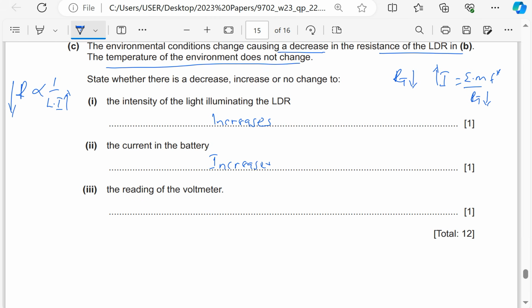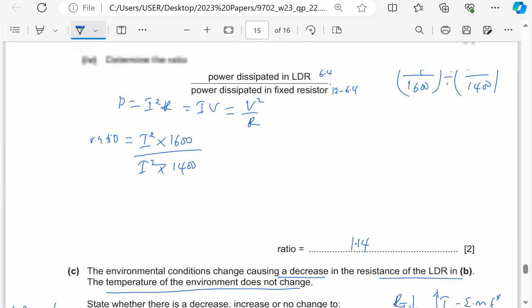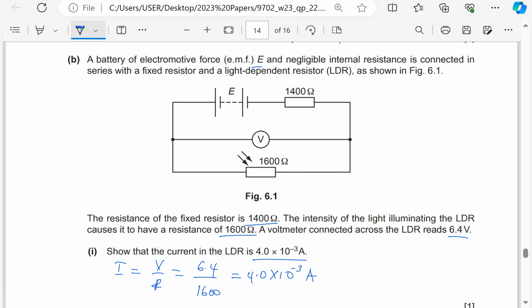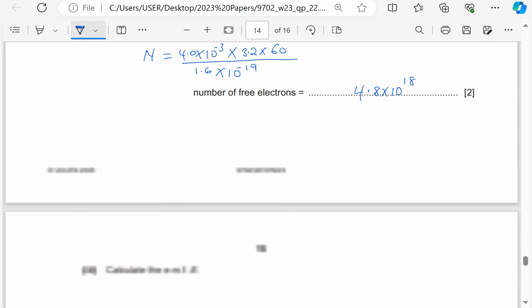Then the voltmeter reading. The voltmeter is connected across the LDR, where the resistance of the LDR has decreased. The current has increased, which increases the PD across this. So it means the PD across the LDR decreases.